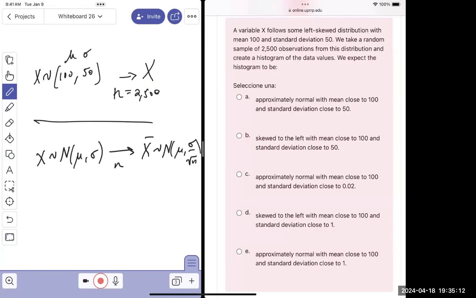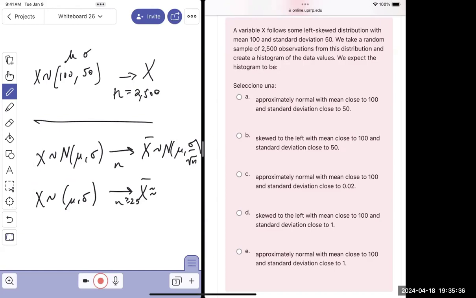That's what we learned. We also learned that if X is, we don't know the shape, but we have a mean and standard deviation, and we take a sample, then the sample mean is approximately normal, even though we don't know the shape of the original distribution, as long as the sample size is more than 25.